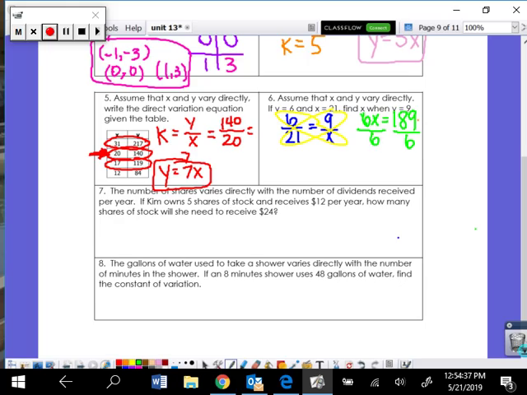Divide both sides, and x will equal 31.5. So we set up a proportion and cross multiply.